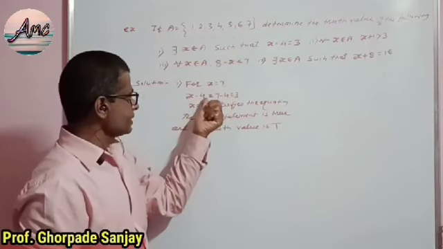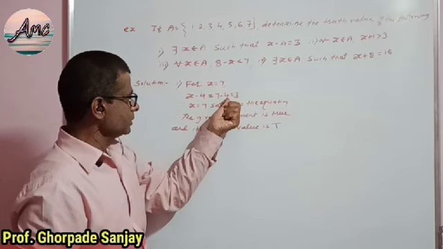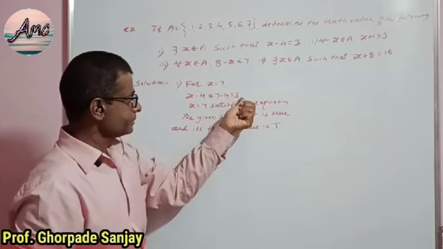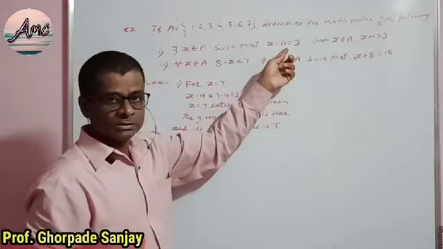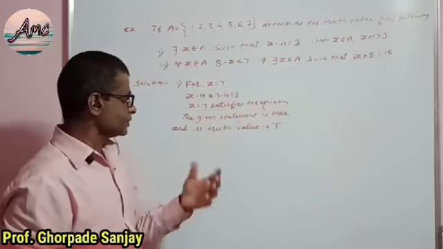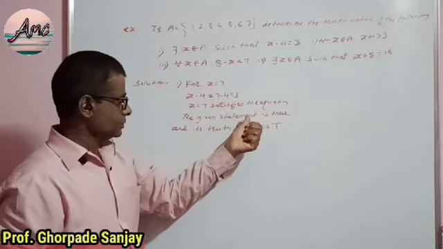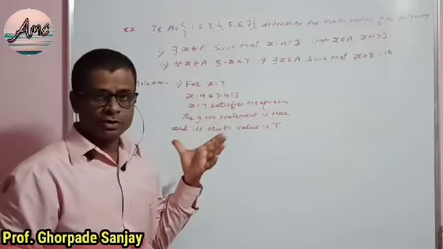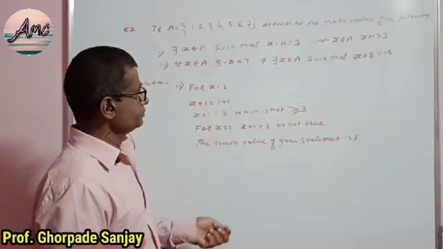The equation is x minus 4, that is 7 minus 4 equals 3. That means for x equal to 7, the condition is satisfied. Therefore, we can say that the given statement is true and its truth value is T.